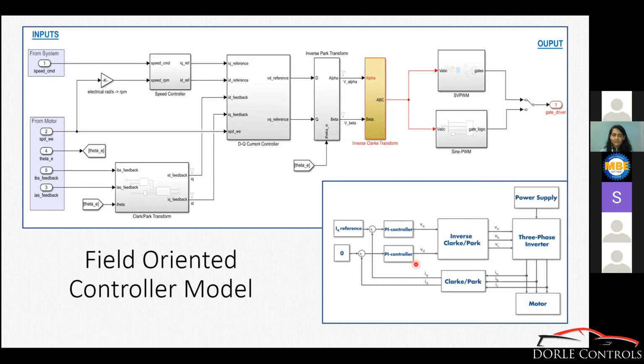Then the inverse Clarke-Park transform converts the two-phase components back into three-phase components, which are further fed to the inverter with the help of modulation techniques. The two modulation techniques we developed are sine pulse width modulation and space vector pulse width modulation. These two modulation techniques will be explained further by Nikhil.